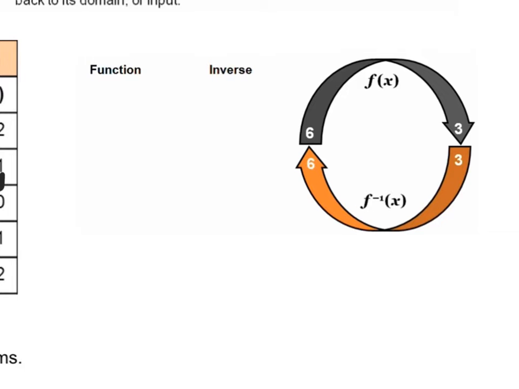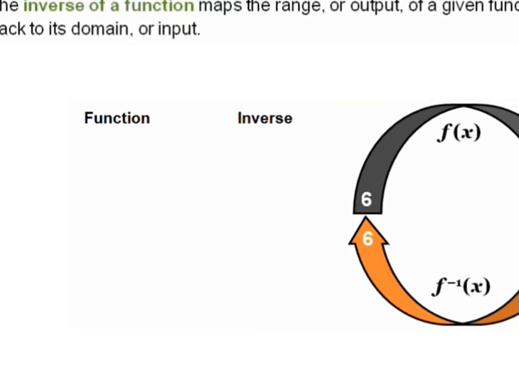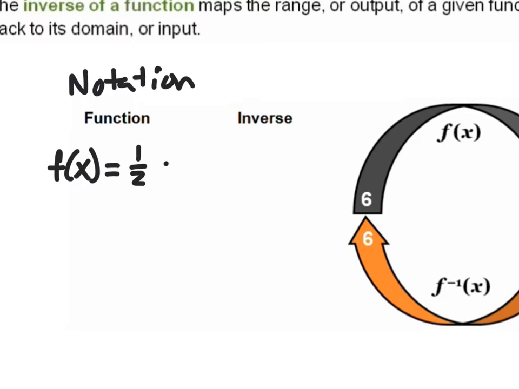So what I want to do is I'm going to come over here and talk about some notation. Let's say that I have a function f of x is equal to, say, 1/2 x.